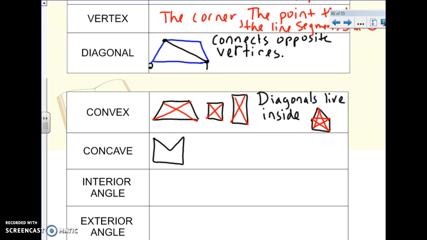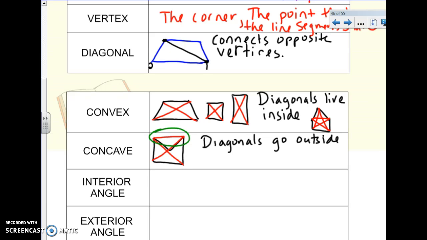But all the diagonals live inside. When I try to draw the diagonals on a concave polygon, they don't all live inside. This one right here ended up being outside of my polygon. So in a concave polygon, diagonals go outside. And it doesn't have to be all of them, it can just be one.